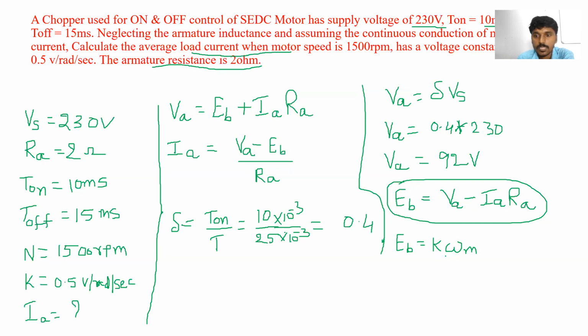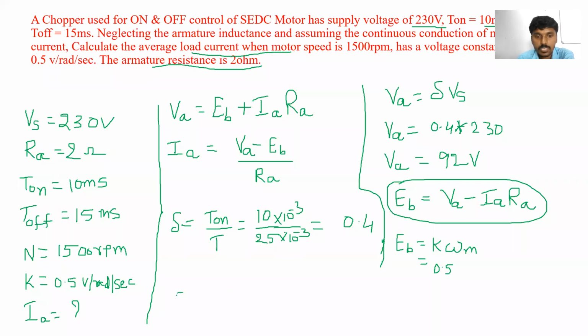Because here we know the value of K. K he has given 0.5. So why have we taken the omega m here? Why have we taken the K into omega m?